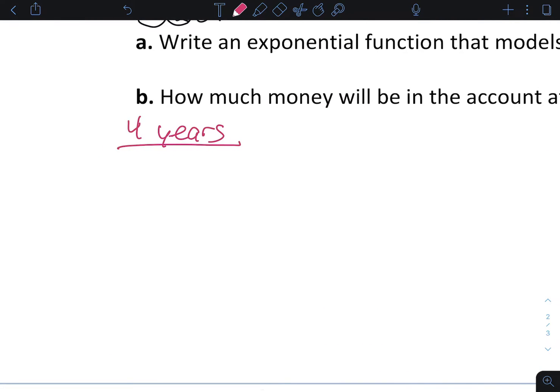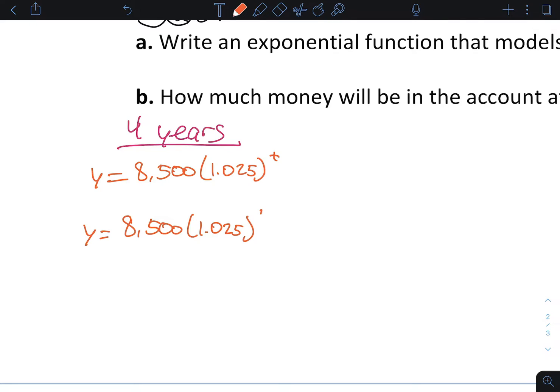we had that equation. We'll do that in a different color. y equals 8,500 times 1.025 to the t. And we're investing, and we're trying to see how much we have after 4 years. This is where you have to use a calculator, type it in, whatever calculator you have. Again, I'm just using a calculator.